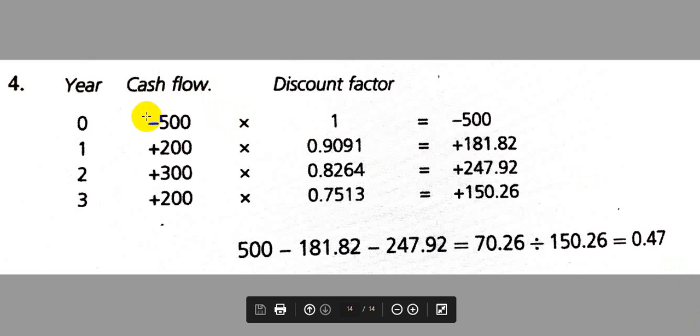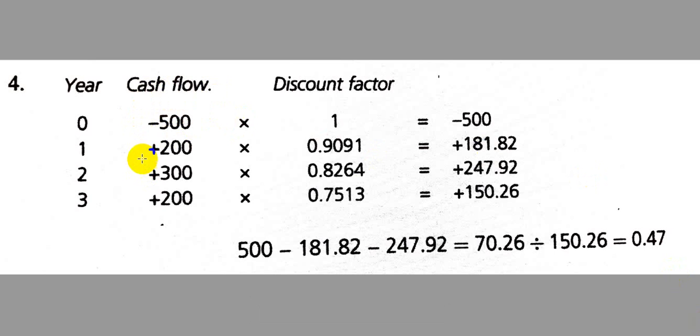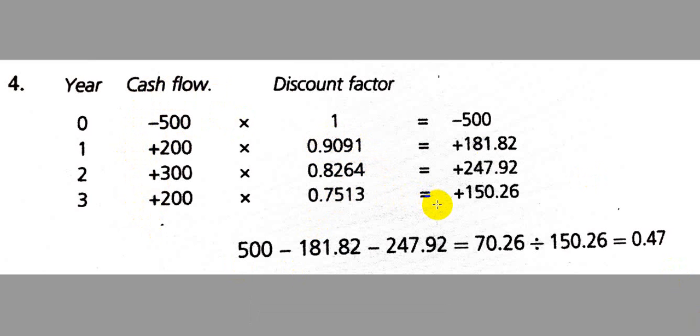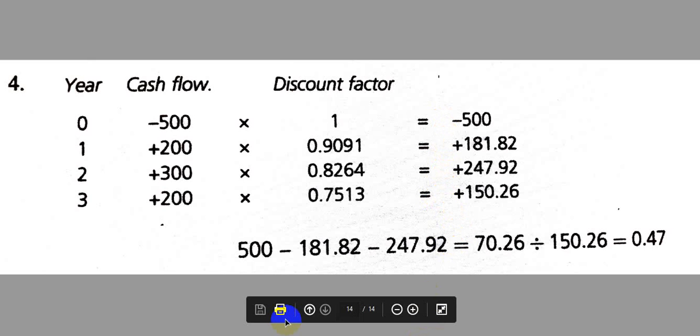Writing the amounts, like you can see, the initial investment, and these amounts of the cash inflows for the first, second, and third year, and multiplying these amounts by the factor for each year, gets us the payback period for this 500, and here it equals 2 years and 0.47 of a year.